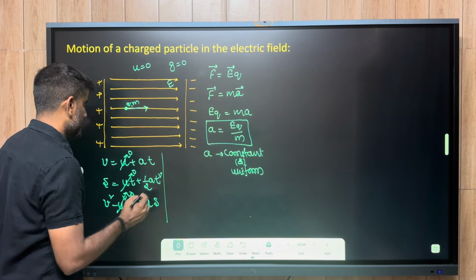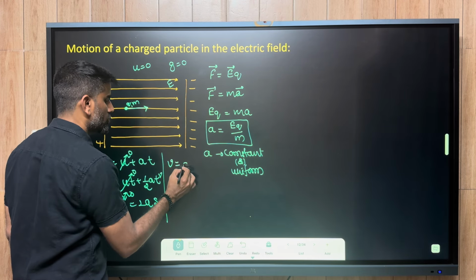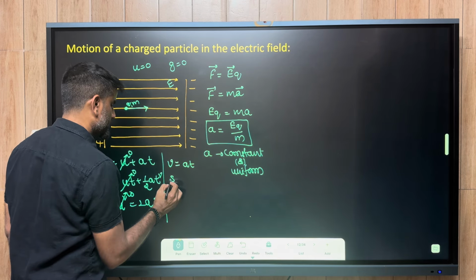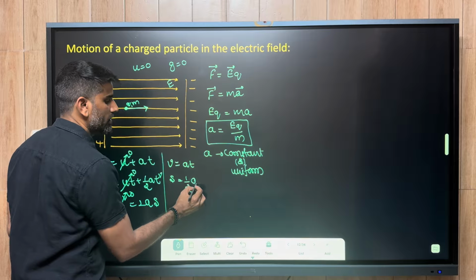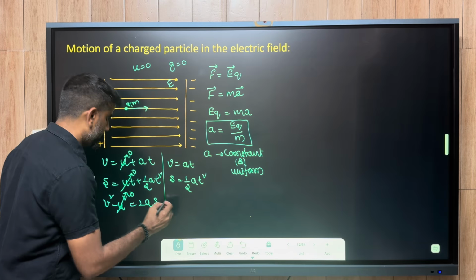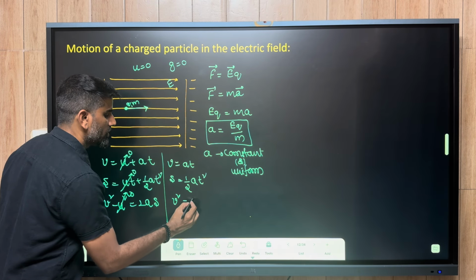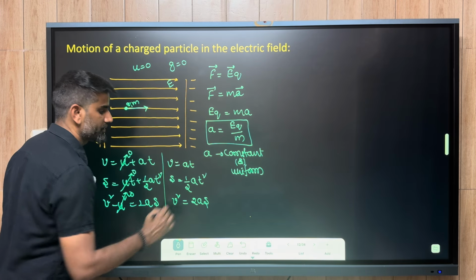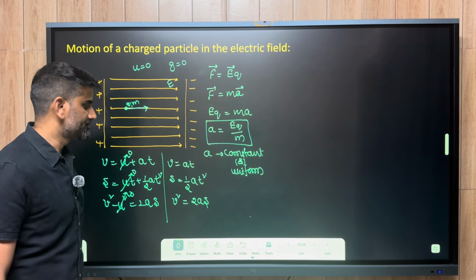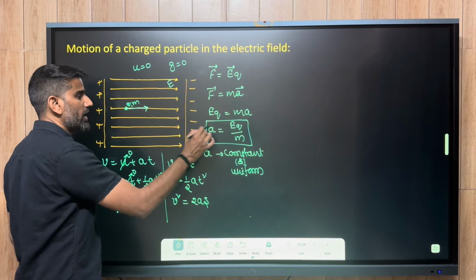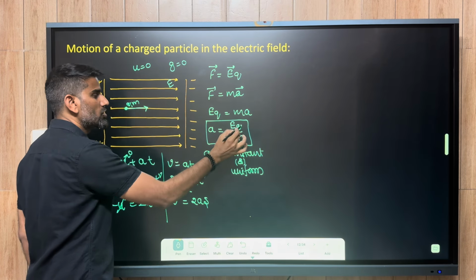Then what are the equations? v is equal to at, s is equal to half at square, and we have v square is equal to 2as. We know the acceleration of the charged particle is eq by m.